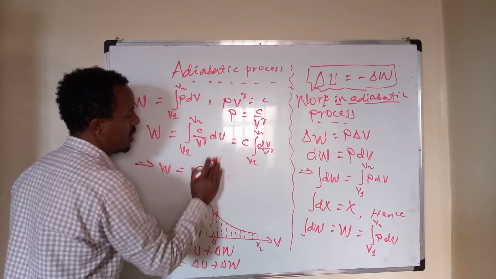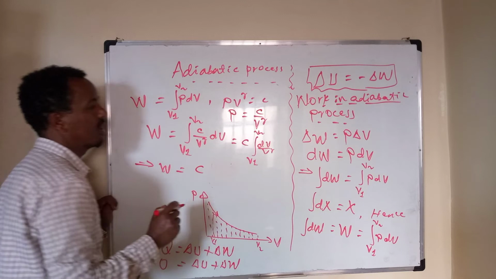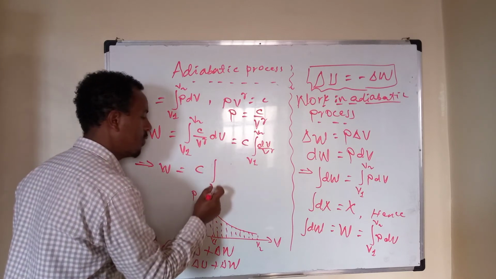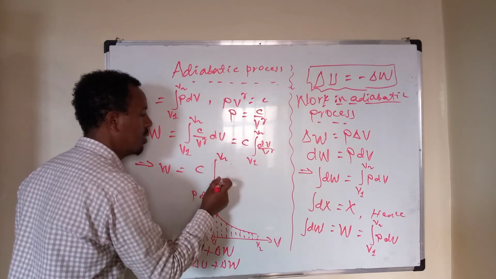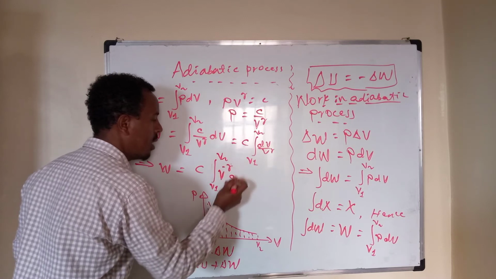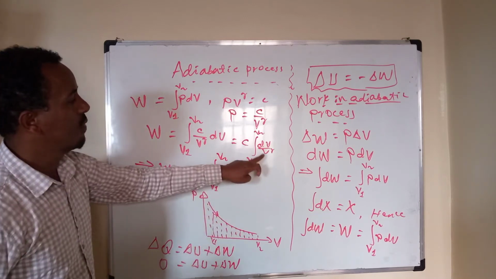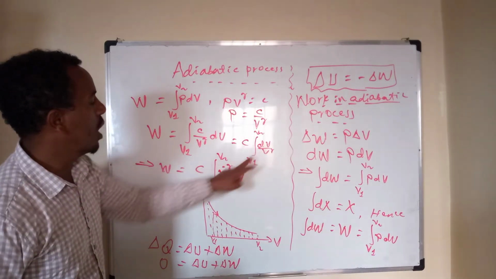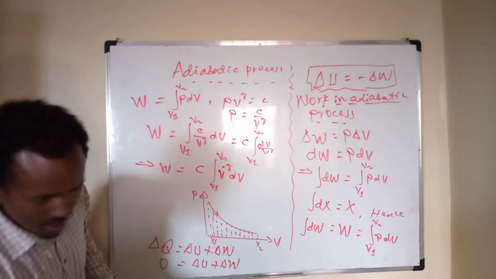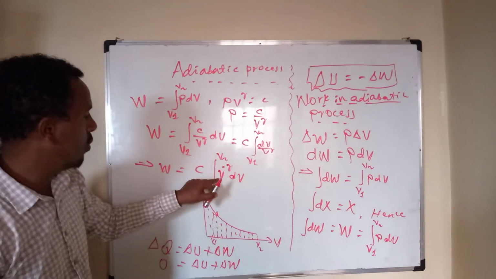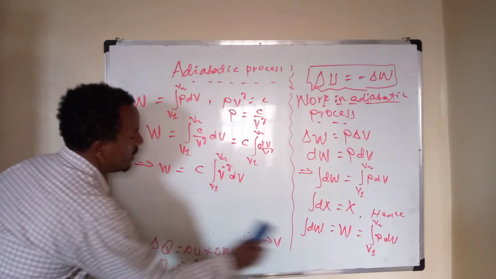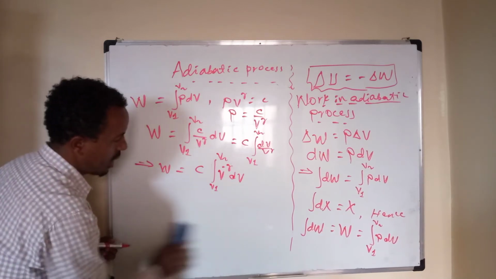Okay, here one step is left: the integration from V1 to V2 of V raised to minus gamma dV, since 1 over V raised to gamma is equal to V raised to minus gamma.